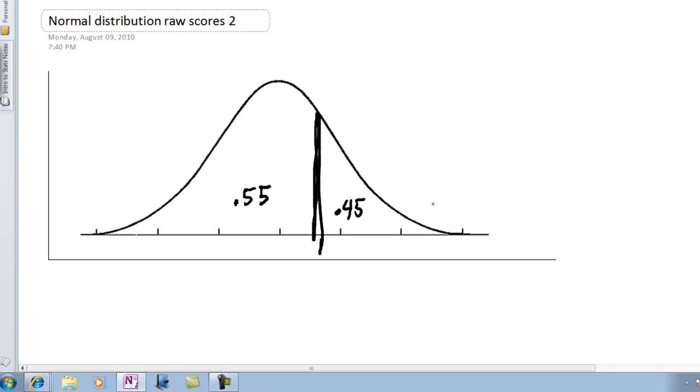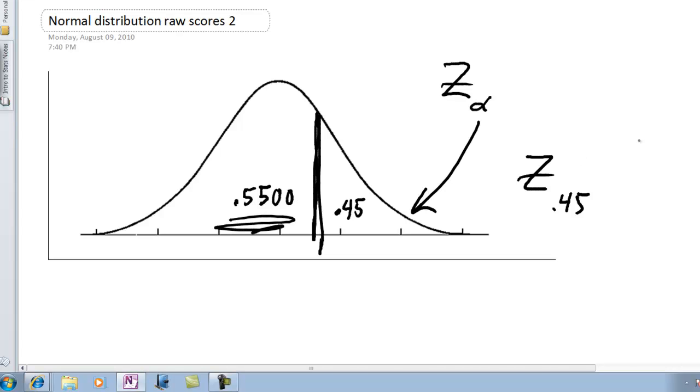0.55 would be what I would look up in the table, because the table works on the left hand side, but in the ALEKS calculator you look up the function z of alpha. Alpha is taken to be what is above this value, what percent is above. So in the ALEKS calculator I type in z of 0.45, but in the book I would look up this value in the chart.